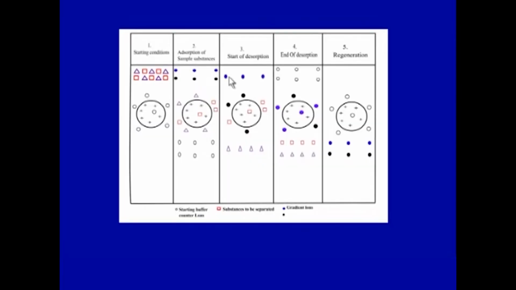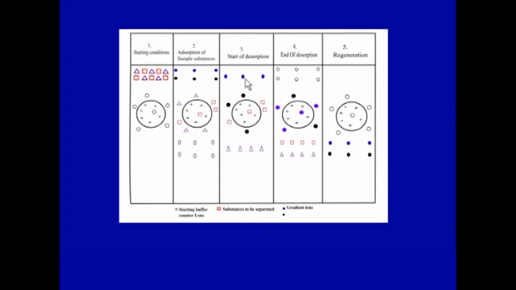So, these are the stages which I also explained in a very simple way, that you have to go through when you are performing column chromatography, and this is also shown in the figure here. In the first stage counter ions are bound, that is the start, then the molecules which need to be separated are bound to the column, and each will bind as per its charge.